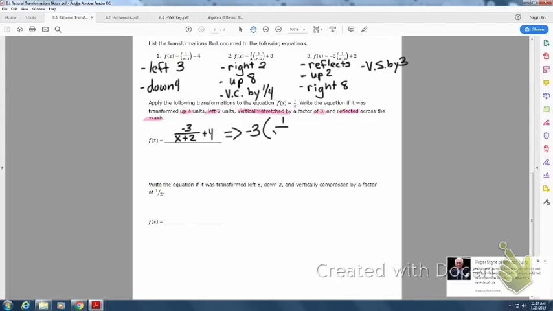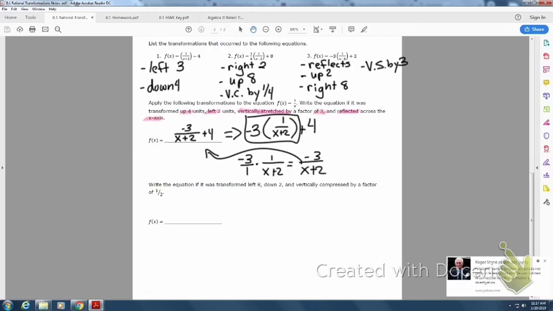Okay, so this right here is the same as this. Because this is telling me to multiply -3 times that fraction. Which if I was to do that, I would get -3 over x plus 2, which is what I had originally.